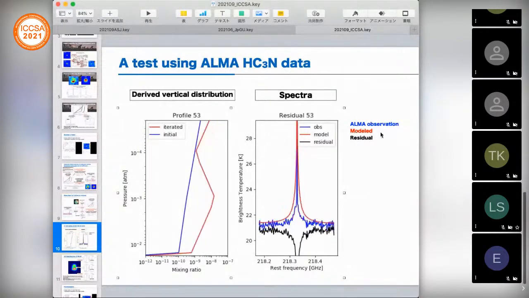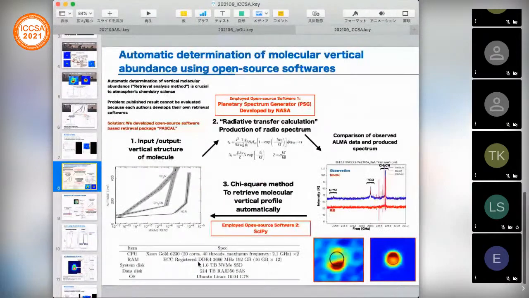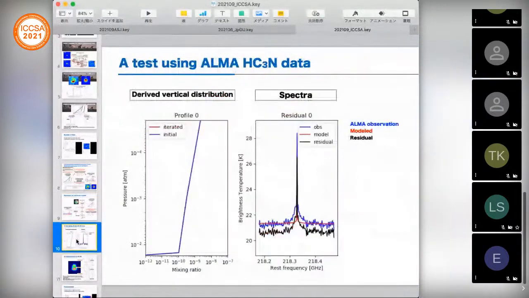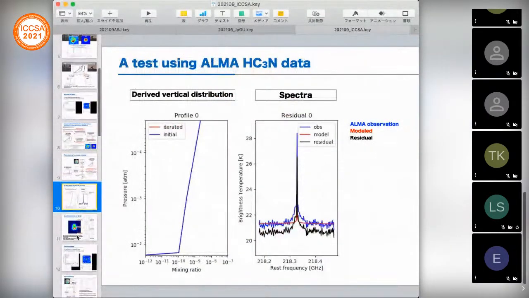Typically by 50 or 60 iterations, we can obtain the optimized vertical distribution of gas. And I have used not so strong a machine, but this I/O is very fast because we have used a big size of data.